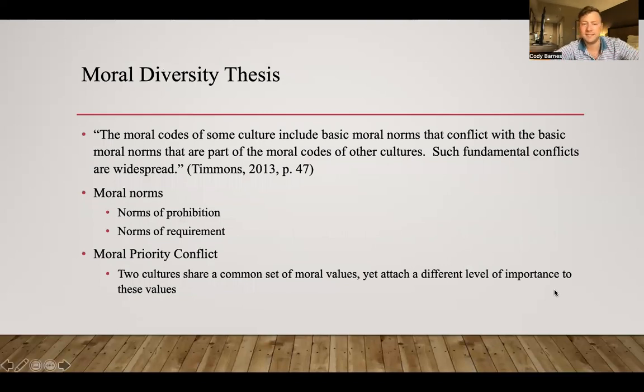So this bleeds into another opposing view of moral relativism called the moral diversity thesis, which basically states that conflicts are going to happen between different cultures. There are going to be different views of moral norms. There are going to be different views of right and wrong based on different cultures. Therefore, there is going to be conflict.